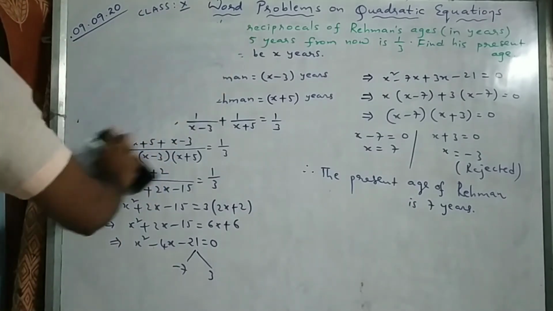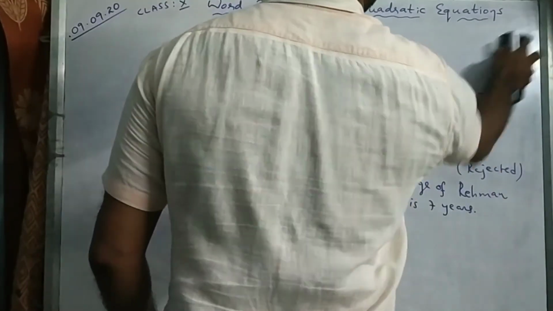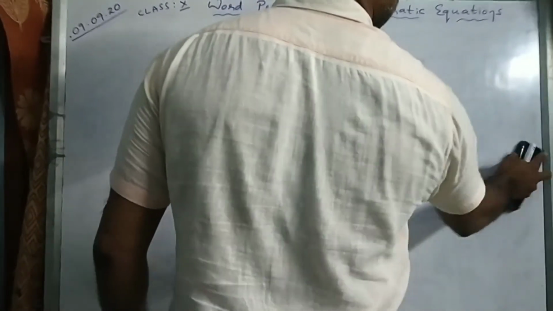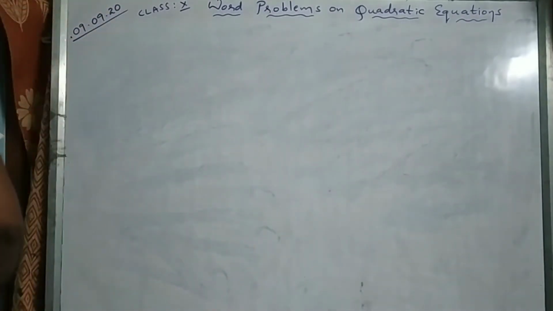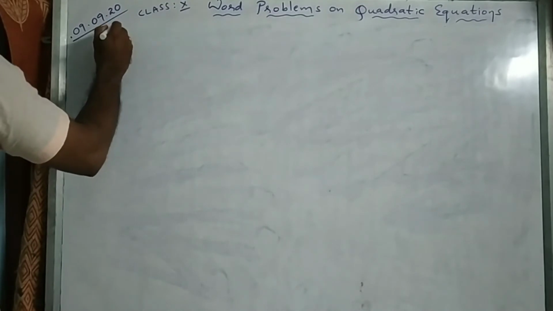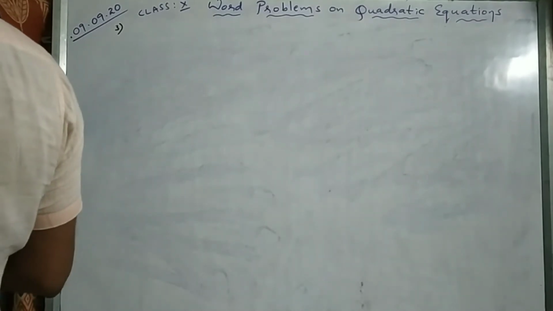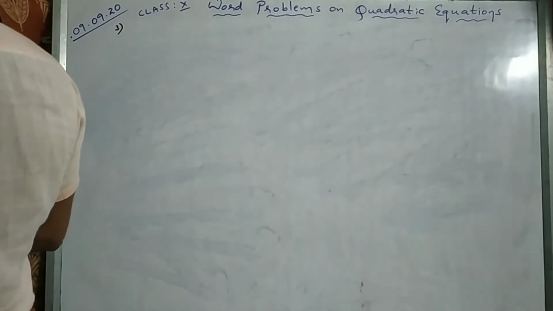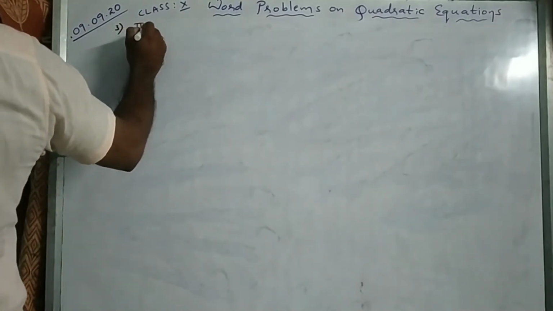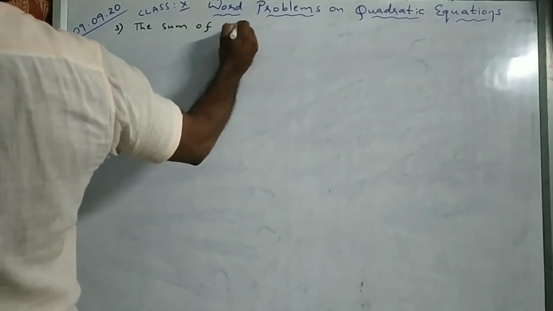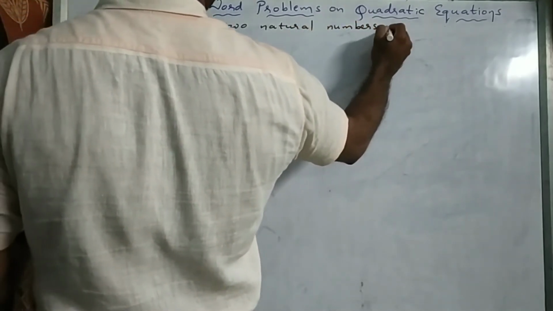Third one. So next problem, third one. The sum of two natural numbers is 8.